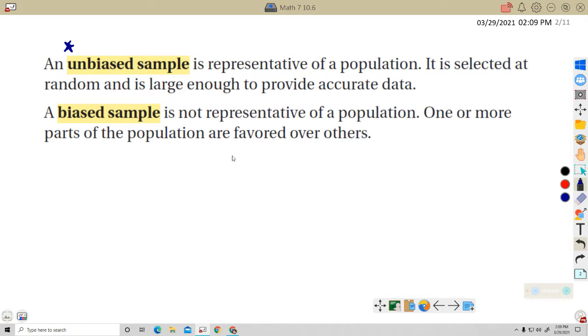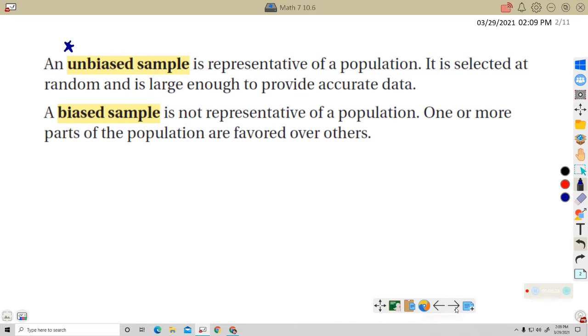One or more parts of the population are favored over others. So in other words, if we took them all out of the top boxes, these boxes came in on pallets, if we just took the ones from the top boxes and those were bad, well, we can't assume that all of them were bad then. Only the ones that were made last or packed last, we don't know.